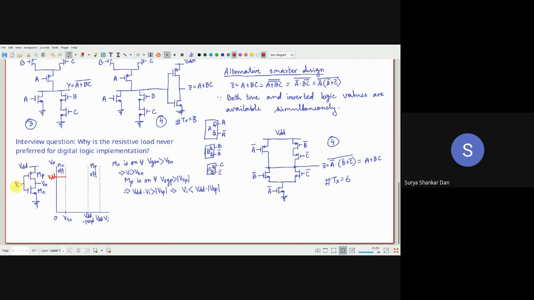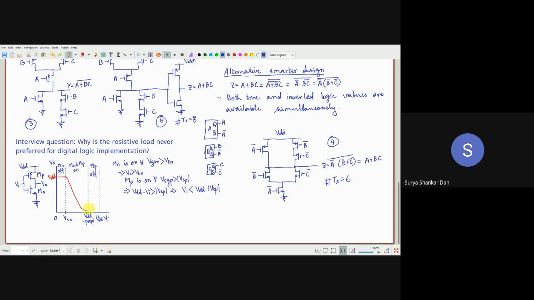As the voltage goes on increasing beyond VTN, the voltage level at the output will go on decreasing. The moment it reaches VDD minus VTP, MP will be switched off, as we can see here. Let me write here that MN and MP are on in this region.